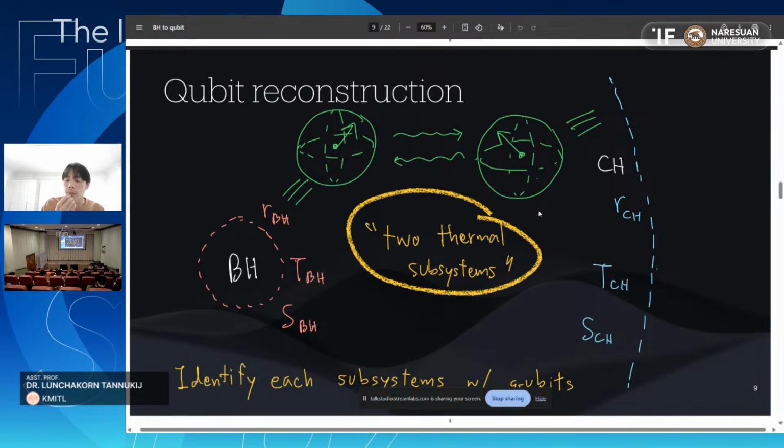Because in quantum information theory, one of the key studies is that we consider the entanglement or quantum interaction between quantum systems, right?